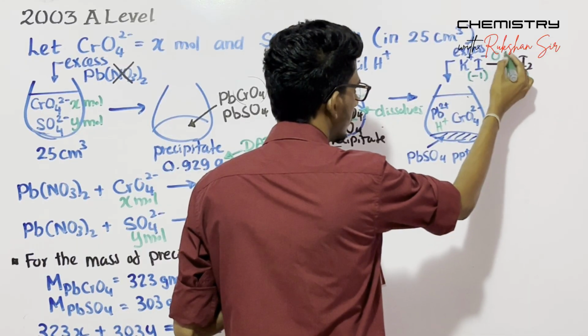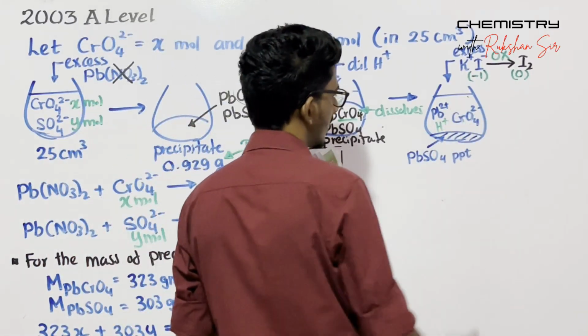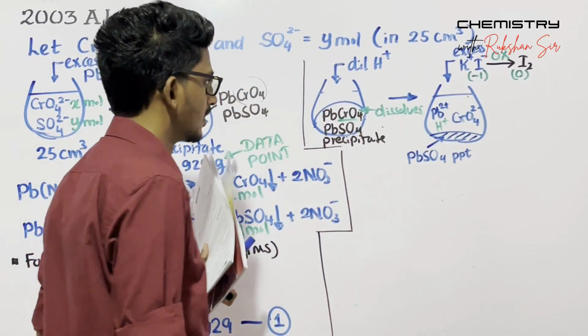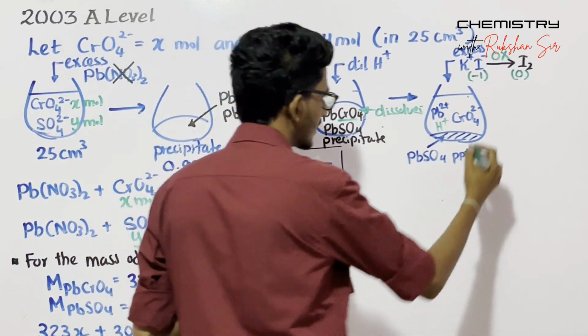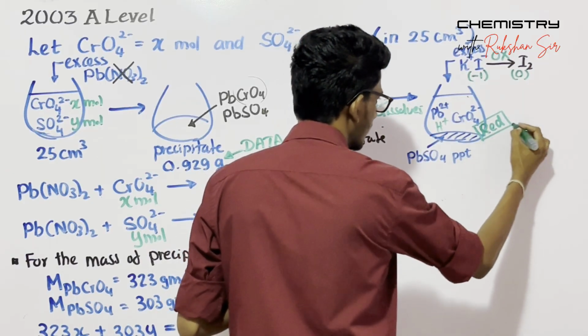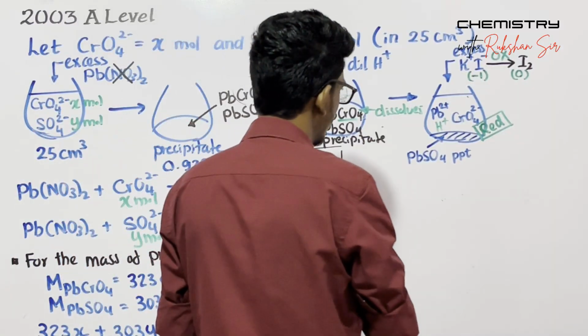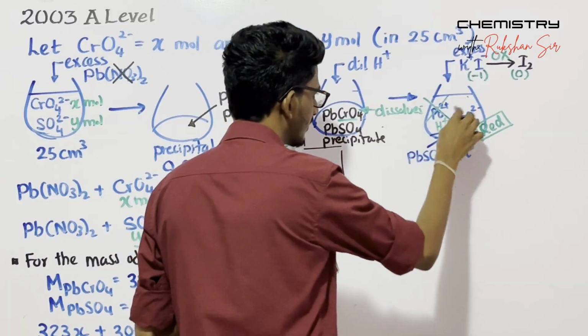So we are looking for a reduction at the flask. Pb2+ can't get reduced, right? So in the solution, only chromate ions are able to get reduced.